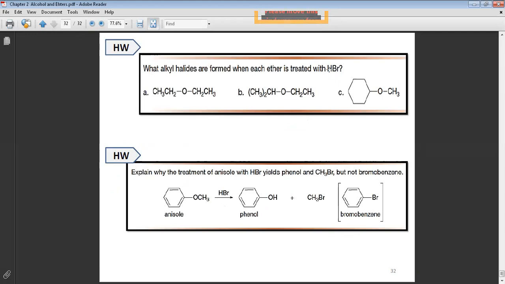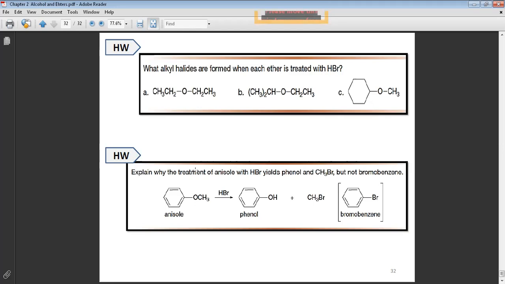With 1 mole of HBr, it will give an alkyl halide and an alcohol. But with 2 moles of HBr, both sides become alkyl halide. So this will give 2 alkyl halides, this will give 2 alkyl halides, and this will give 2 alkyl halides. You can write here with 2 equivalents of HBr.